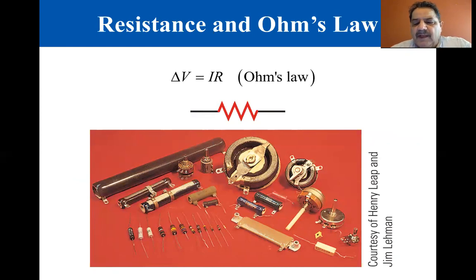We can compare the concepts of electric current, voltage, and resistance to the flow of water in a river. As water flows downhill in a river of constant width and depth, the flow rate, or the water current, depends on the steepness of descent of the river and the effects of rocks, the riverbank, and other obstructions. The voltage difference is analogous to the steepness and the resistance to the obstructions.